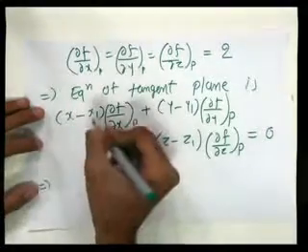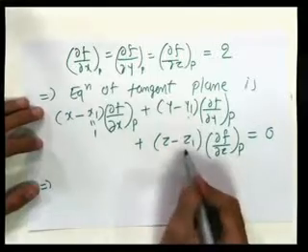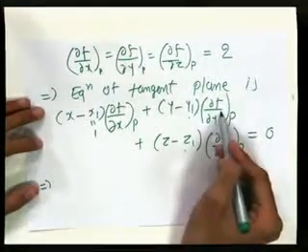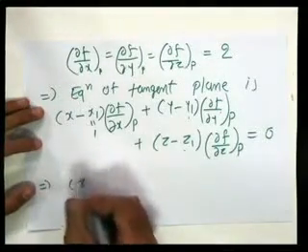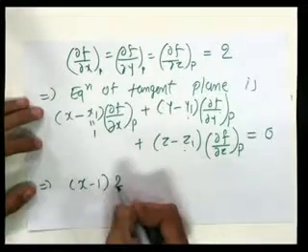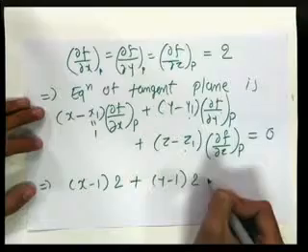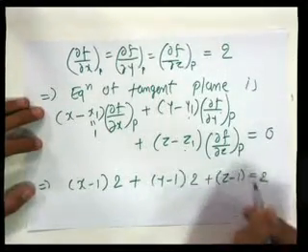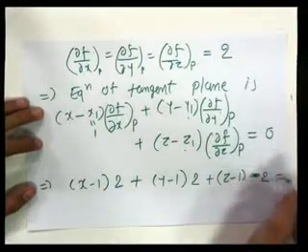So here x1 is equal to 1, y1 is equal to 1, z1 is equal to 1, and del f by del x, del f by del y and del f by del z are each equal to 2. So we will get x minus 1 into 2 plus y minus 1 into 2 plus z minus 1 into 2 is equal to 0.